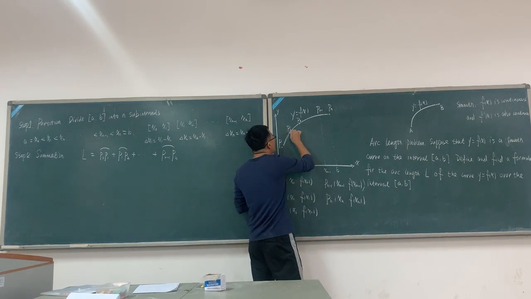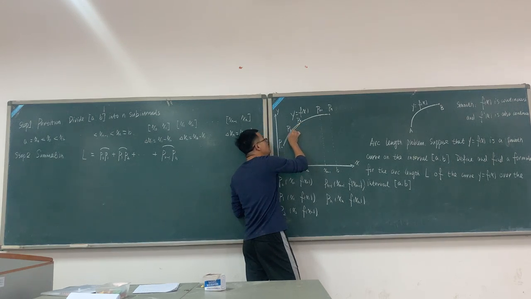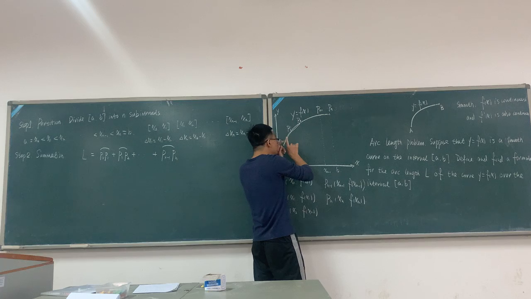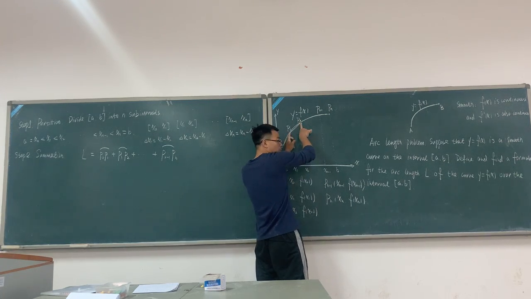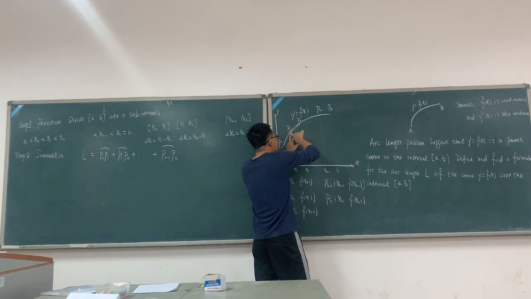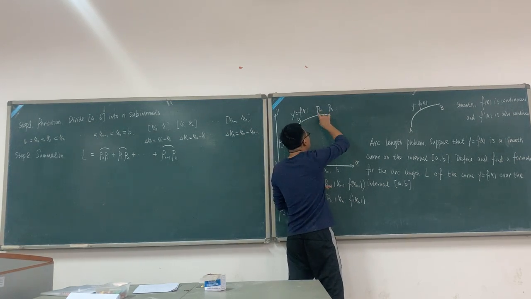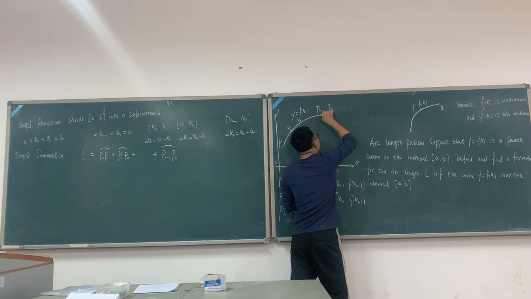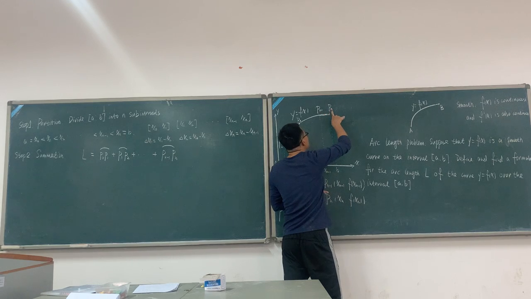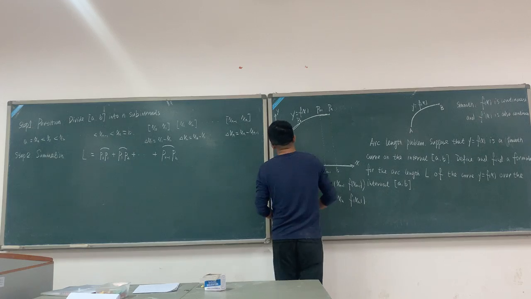And we use the line segment P1P2 to approximate P1P2 hat. And so on, we use the line segment Pn minus 1 Pn to approximate the arc Pn minus 1 Pn hat.